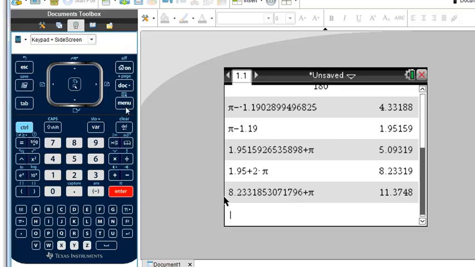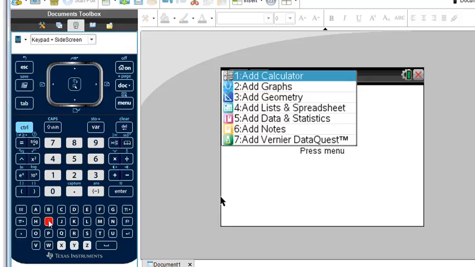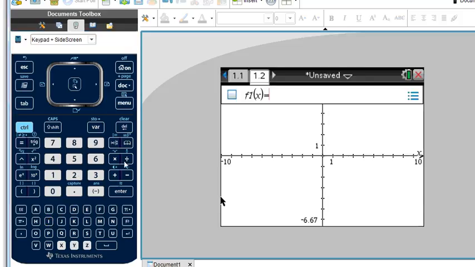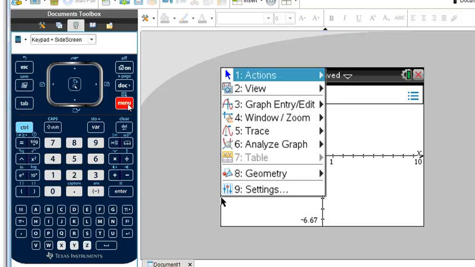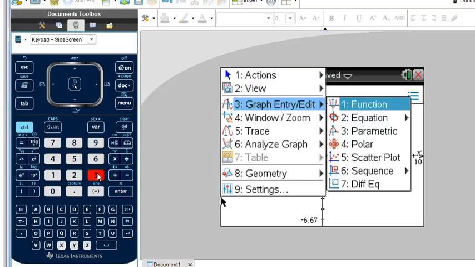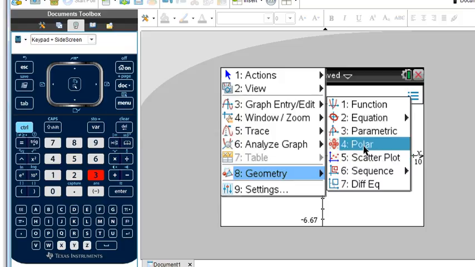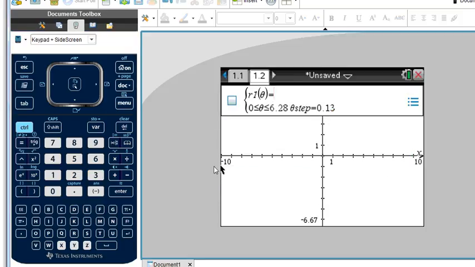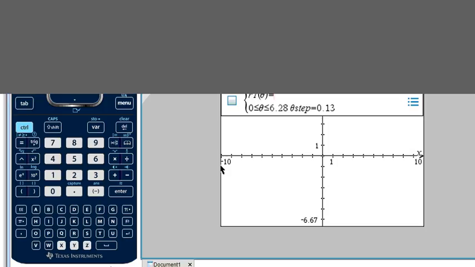So we go ahead and control I, and we're going to get a graph here, and to graph, let's see, we're going to get a menu, graph entry edit, and we'll pick function. Well, we're going to look for a polar, right, which is option 4. We go over to 4, and let's look at that again.